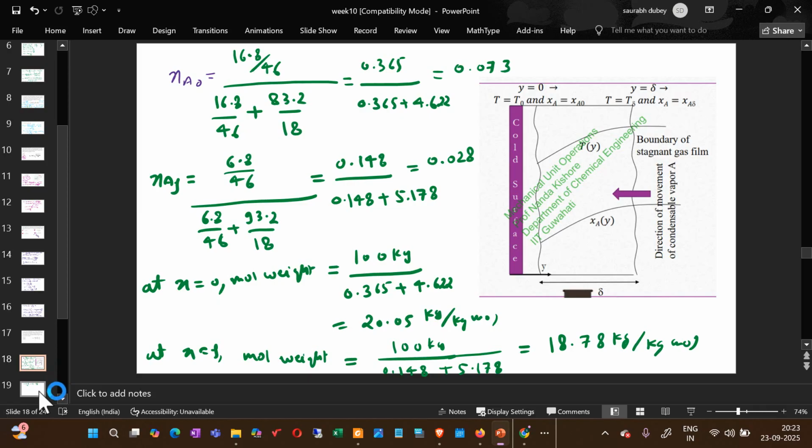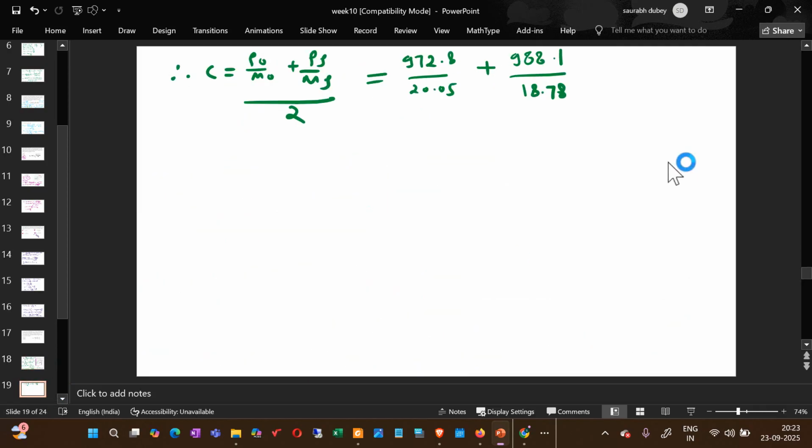Divided by 2, we take the average concentration at the two locations.